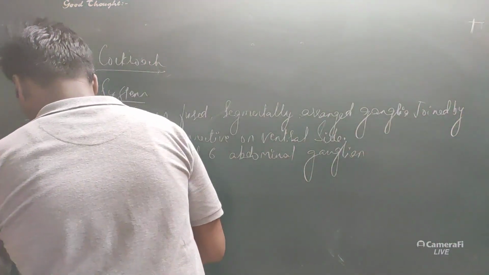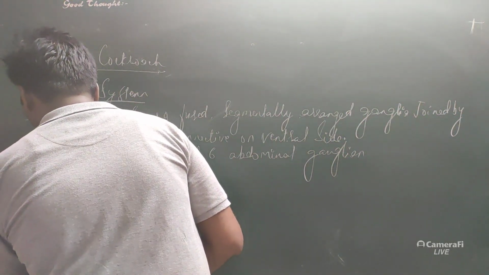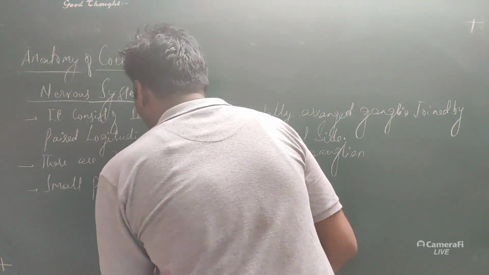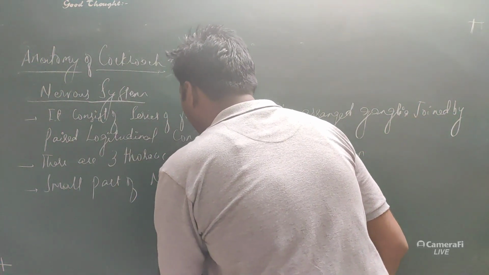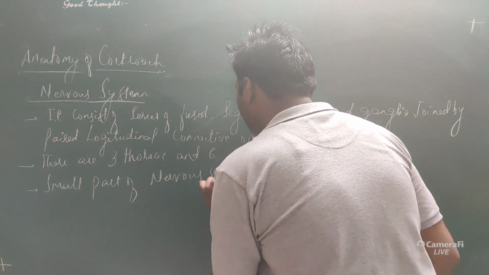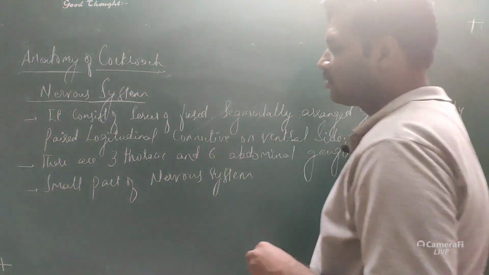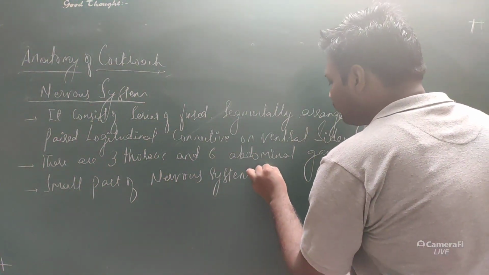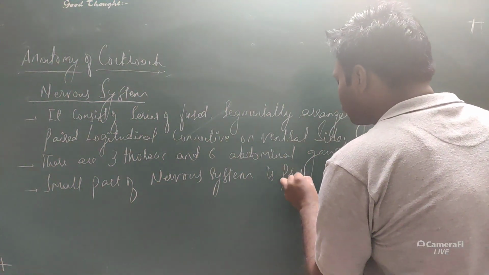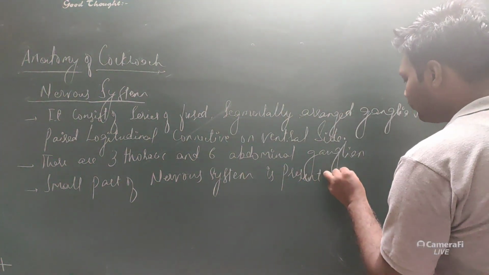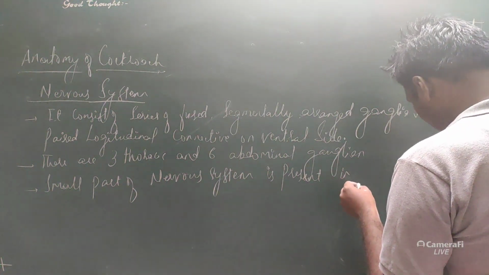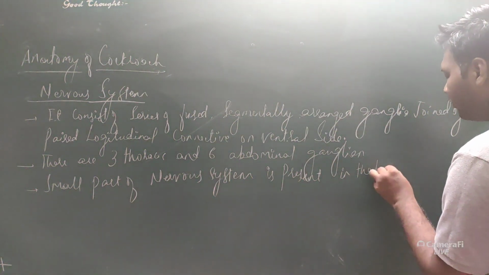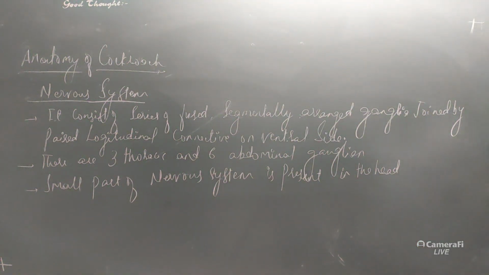The next, a small part of the nervous system is present in the head. Okay, so a small part of the nervous system is present in the head.